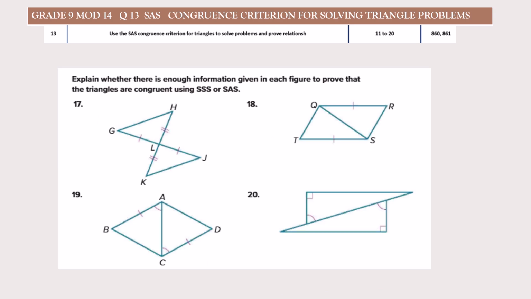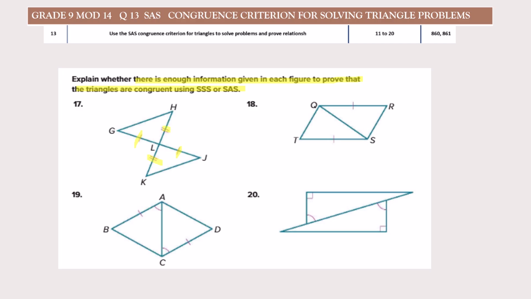So we move on very quickly to look at what is expected for question 17 to 20. They ask us here whether there is enough information in each given figure to prove that the triangles are congruent using side, side, side or side, angle, side. So when we have two sides, here we have two sides, as you can see.